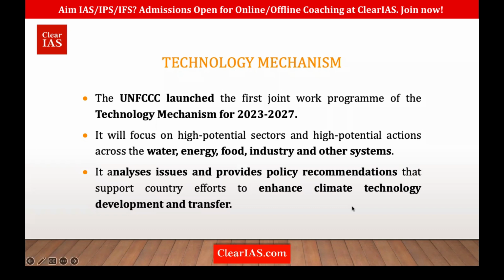So this technological mechanism would give policy recommendations and analyze the issues to enhance climate technology. In order to reduce global warming and climate change, whatever technological adaptation is needed, the policy guidelines and recommendations would be given by this technological mechanism. Okay, it is during the years 2023 to 2027.